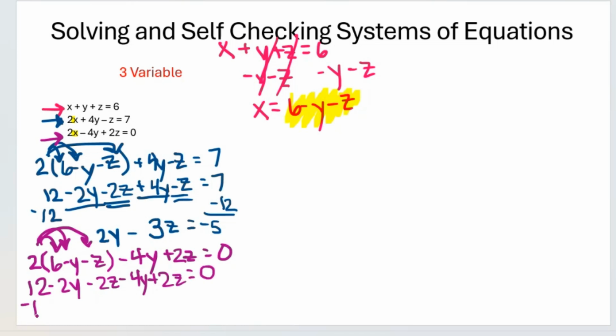I'll subtract the 12 from this side to move it over here. I get 12, or negative 12, sorry. And then I'm going to combine what I can. Negative 2y, because again, remember, take that sign in front of it, minus 4y, that's negative 6y. And negative 2z and a positive 2z, that's going to get us 0z.